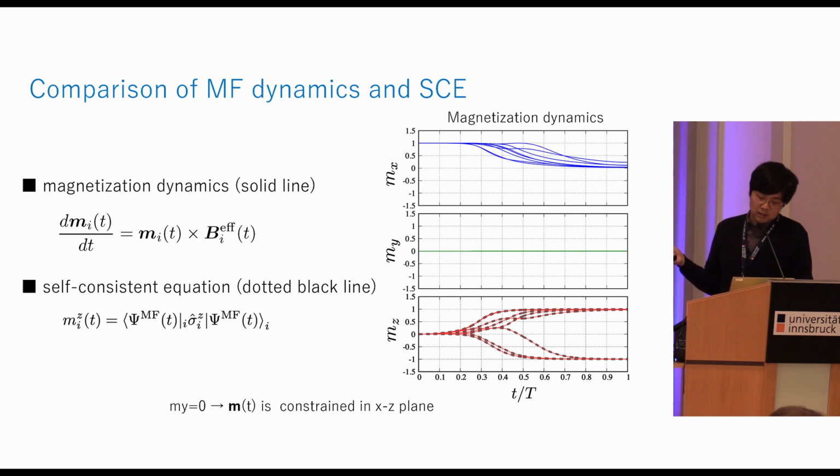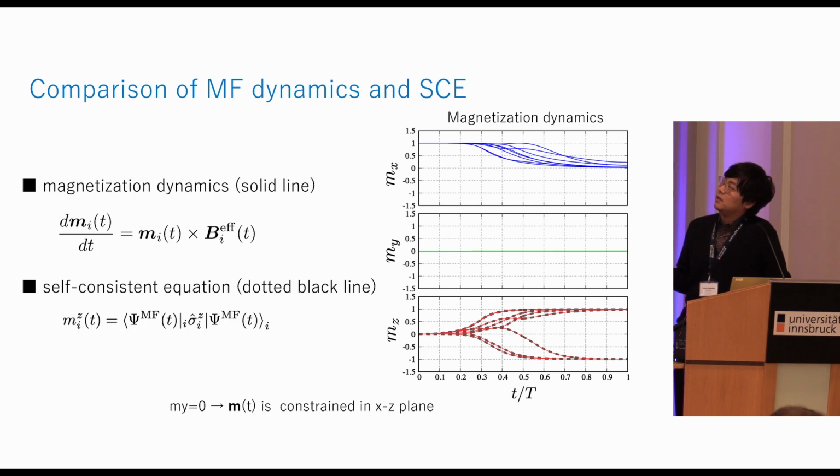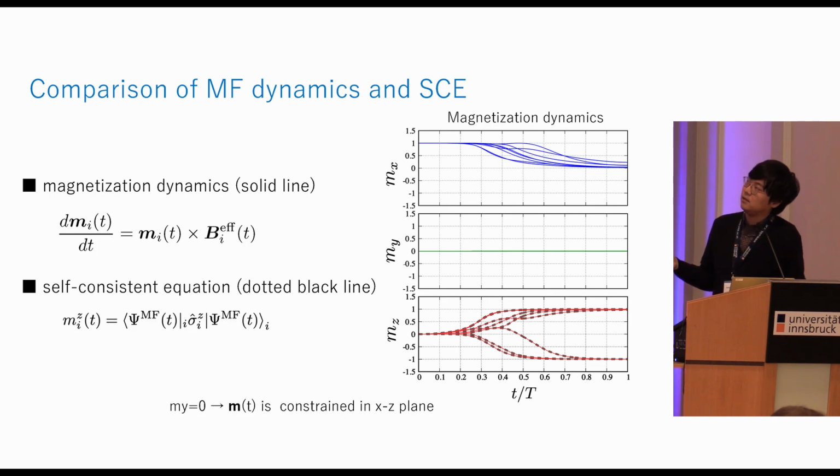This figure shows the magnetization dynamics. The horizontal axis is normalized time, and the vertical axis is magnetization. Here we plot one typical realization of the random longitudinal field and random interaction. The solid line shows the solution of the magnetization dynamics, and the dashed line is the solution of the self-consistent equation.